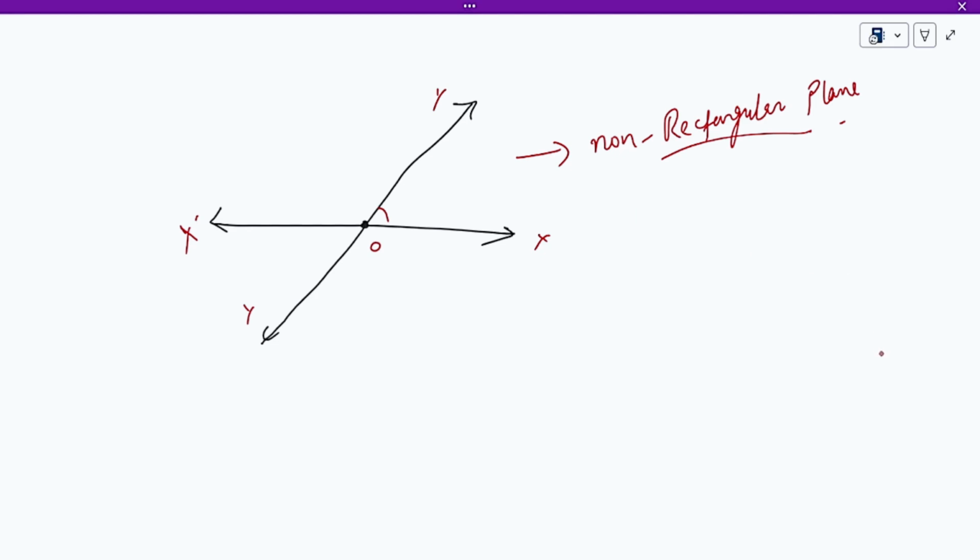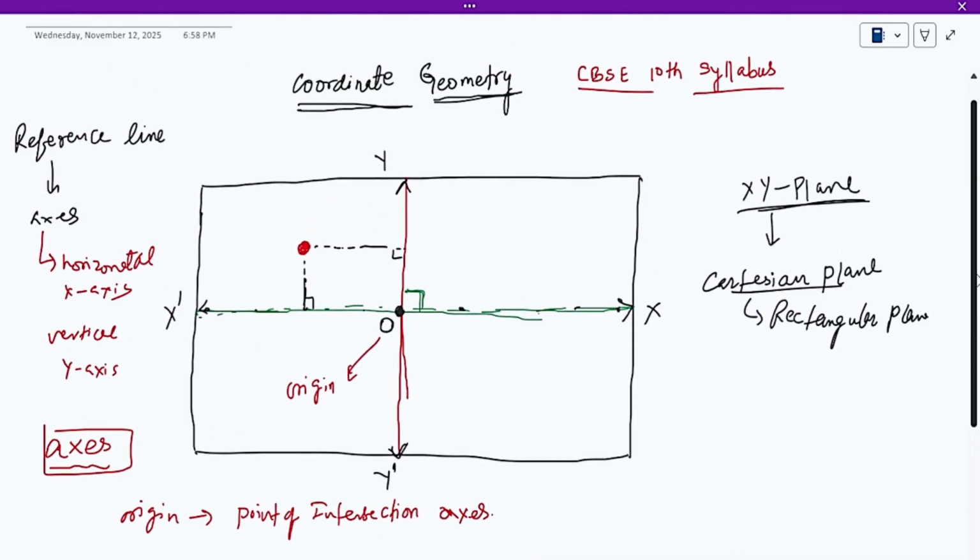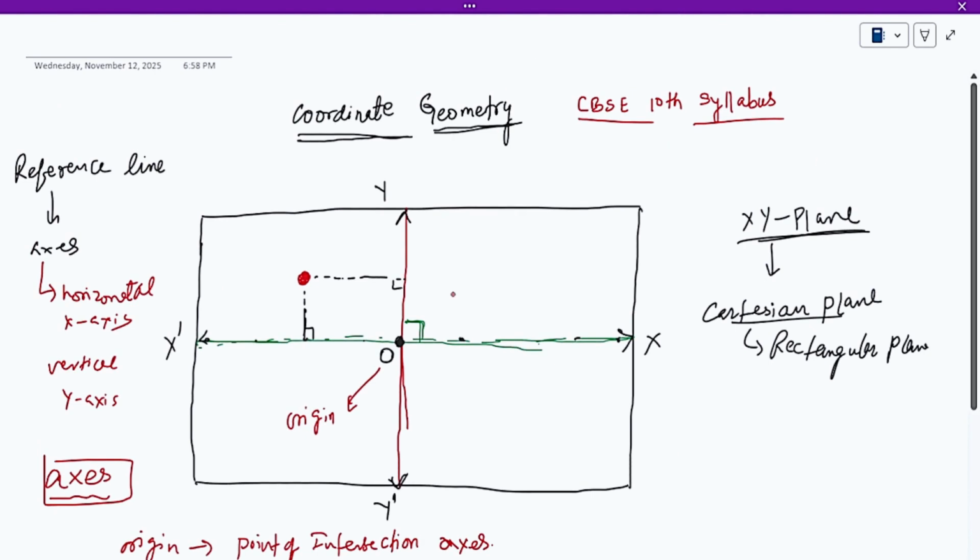Basically, we have to learn the position or coordinate of a point first. So come back to this xy plane. If I take a point over here, at any place, and ask what the position of this point is, we look for the distance of this point from both reference lines, that is, the axes.